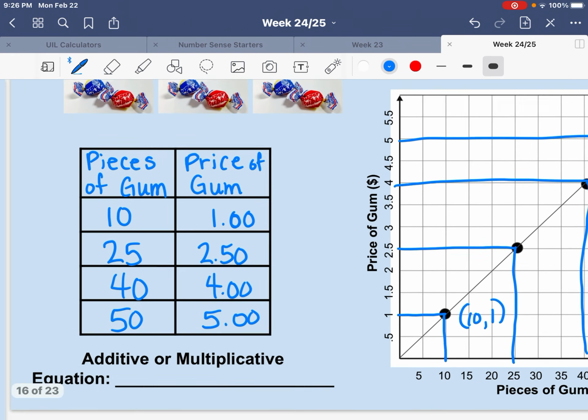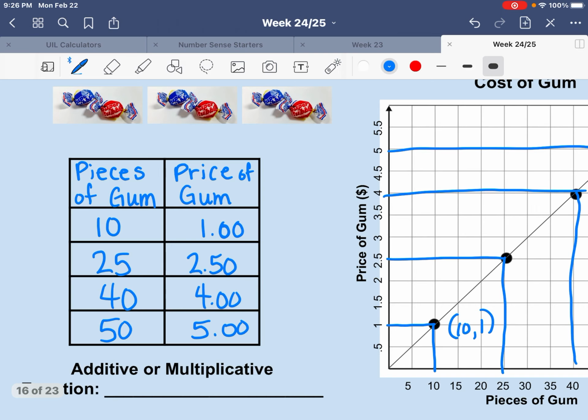So think about this for a minute. Is this an additive relationship or a multiplicative relationship? Are we adding anything to the pieces of gum to get the price? Or are we multiplying the pieces of gum times a number to get the price? Think about it. If I can buy 10 pieces of gum for $1, that means each piece of gum is 10 cents, which could be written like this: 0 and 1/10.